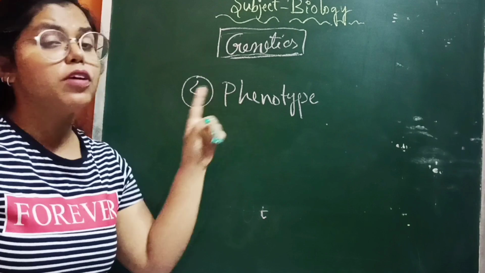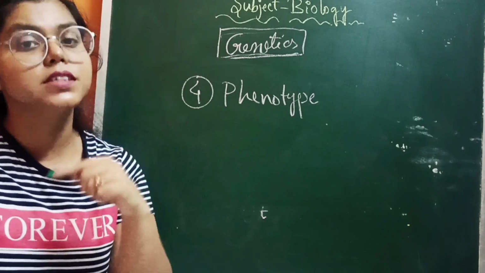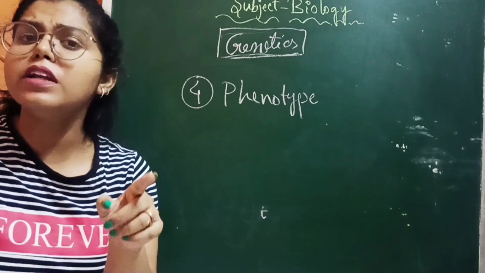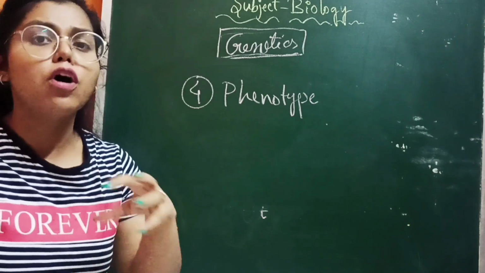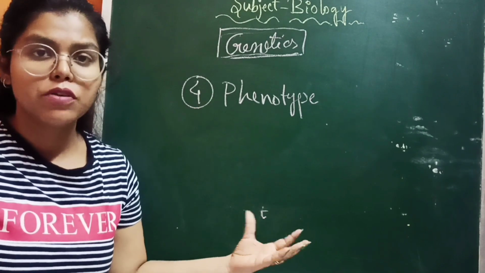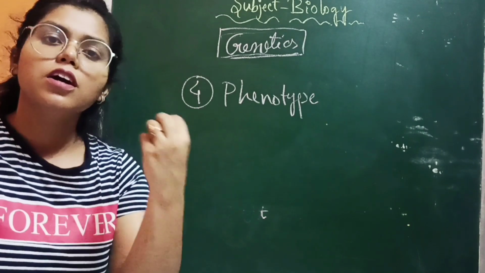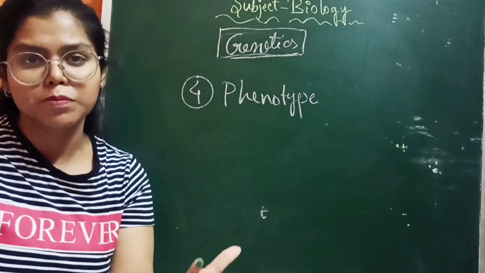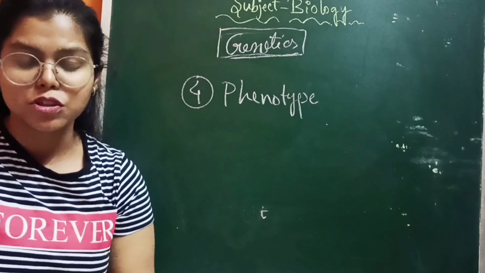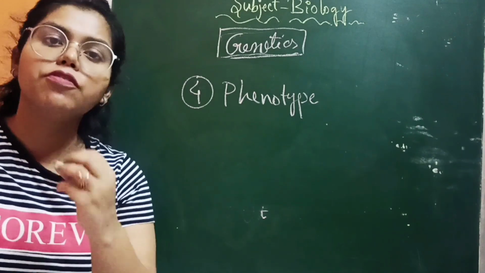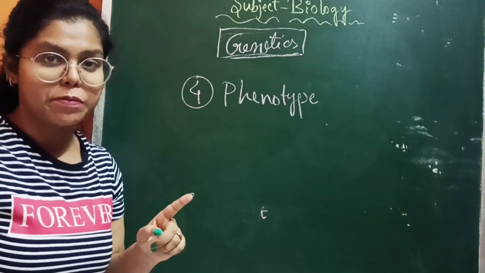So the phenotype is the morphological or observable character which we can see externally. We don't need to analyze the gene to know the phenotype. We just see you or others, and we can tell that she has curly hair or smooth hair, or brown eyes or black eyes. This is the morphological or external characteristic, known as phenotype.